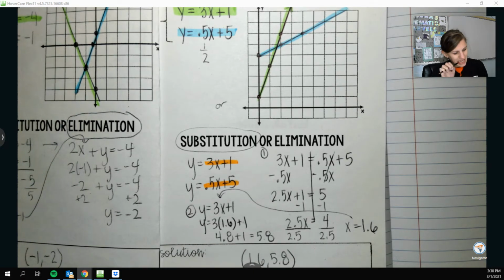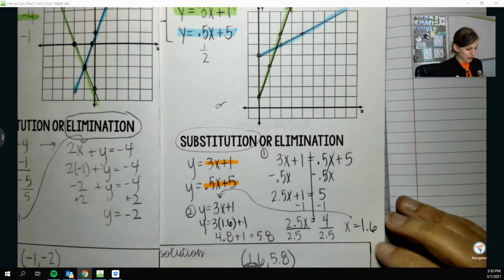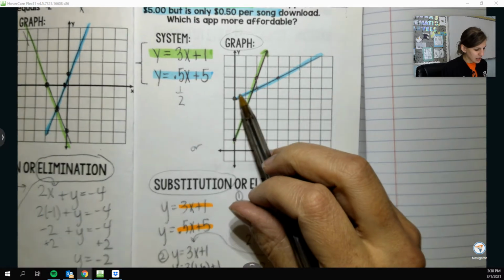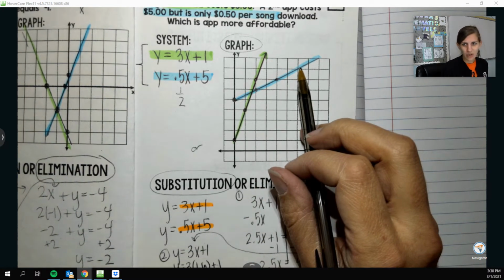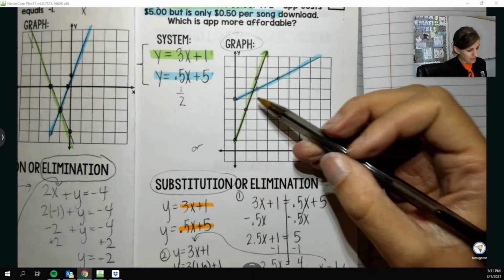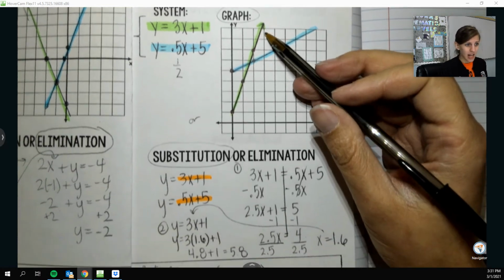But, I mean, that didn't really answer the question, I suppose, because it is asking me which one is more affordable. So I feel like in the long run, the blue one will be more affordable. So yeah, it's a big cost right off the bat, but very quickly, the green one is costing you more.